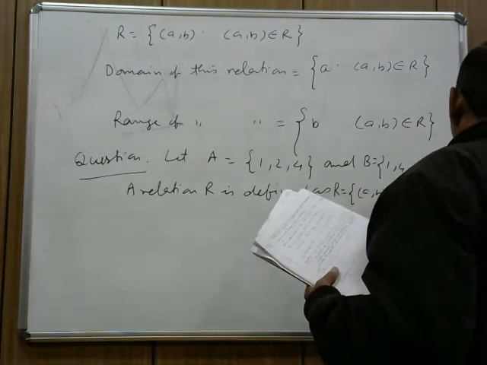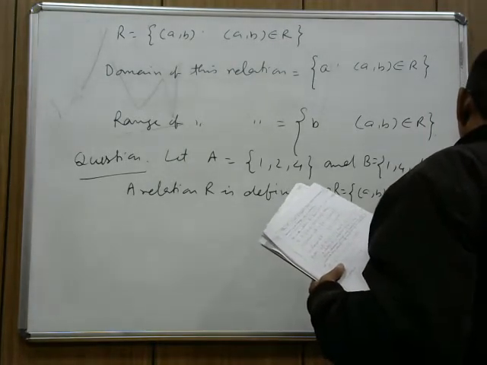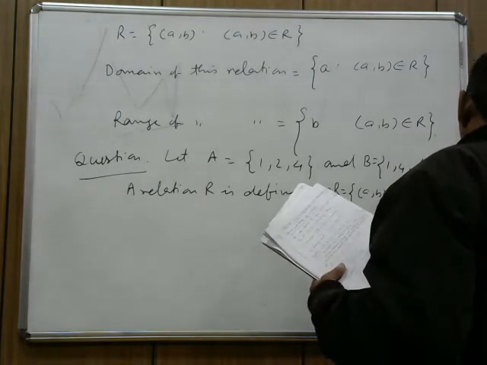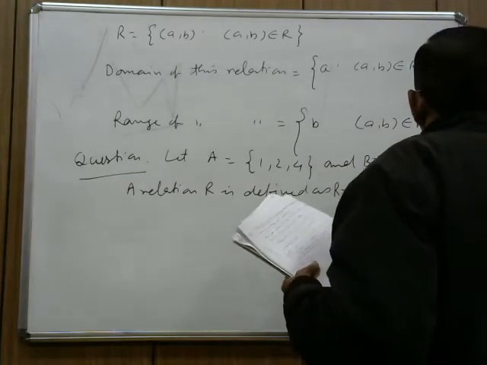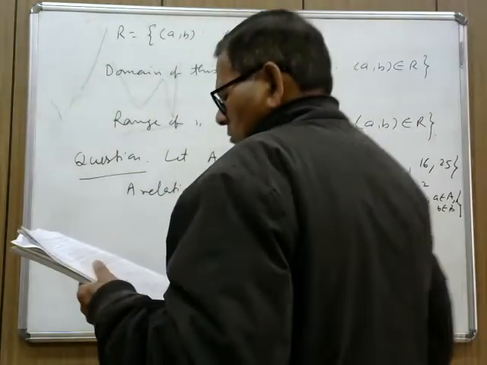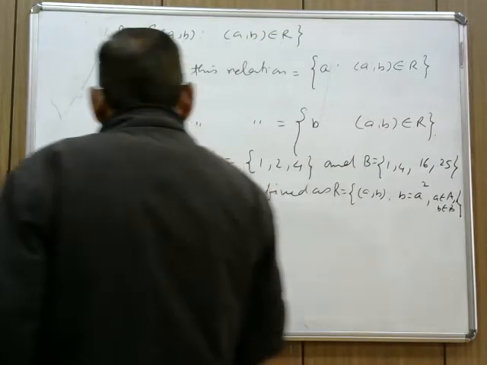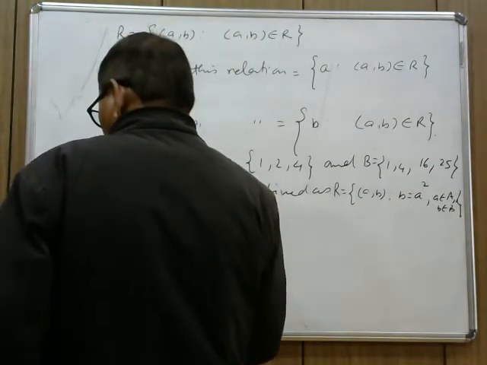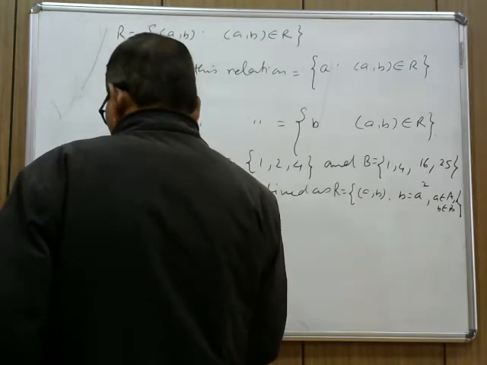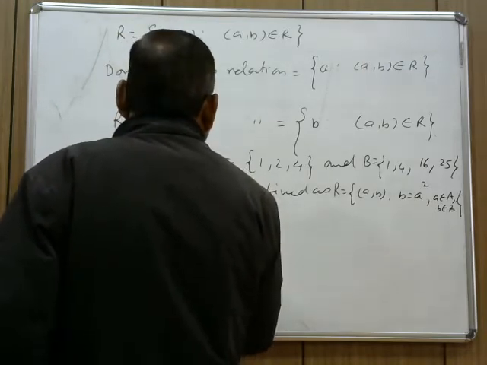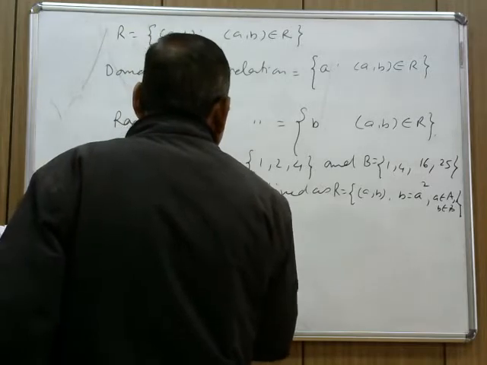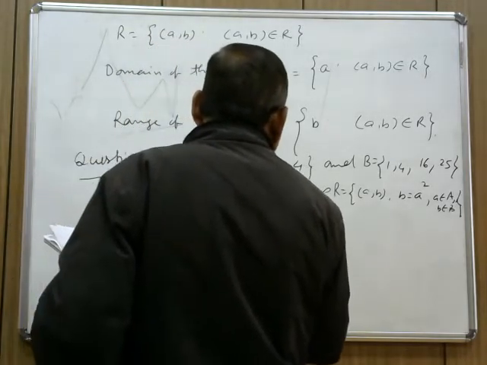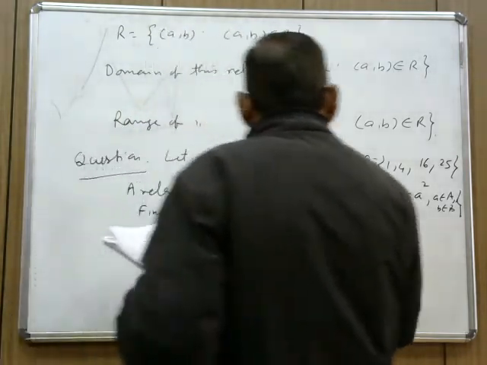Here A belongs to set A and B belongs to set B. Find the domain, range and codomain of this relation.